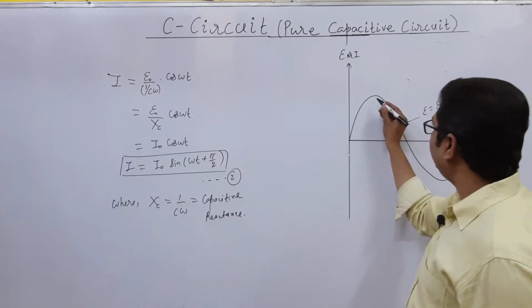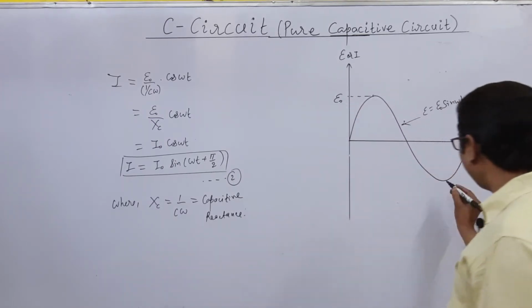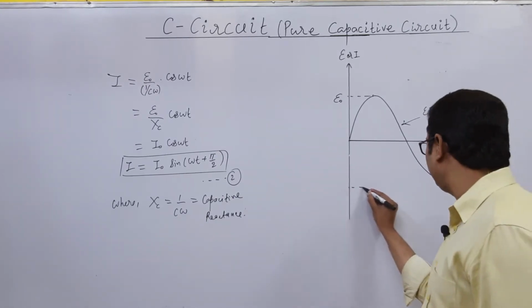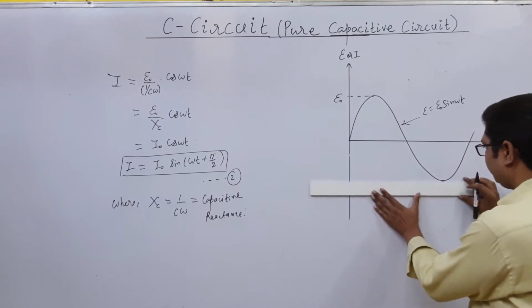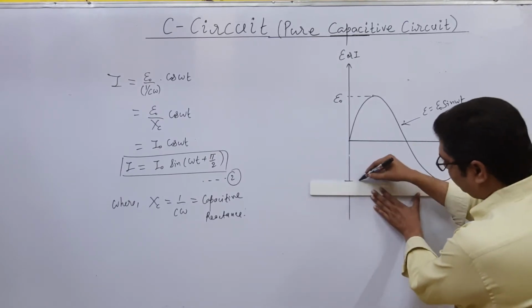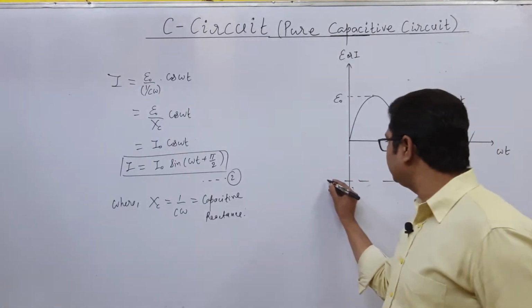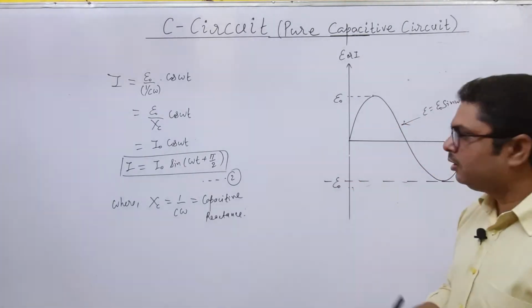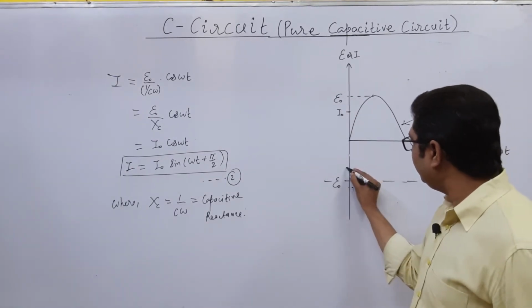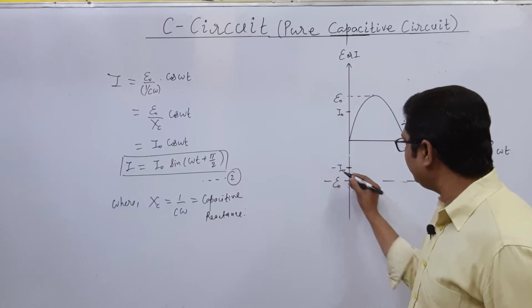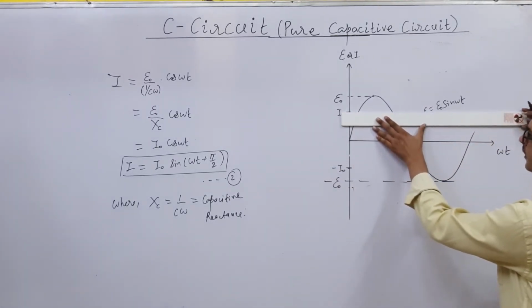So this is the peak value known as E naught, and on this side the negative peak value is minus E naught. Let here be the value known as I naught, and here the value known as minus I naught. So when we extend this line, we will extend it like this.